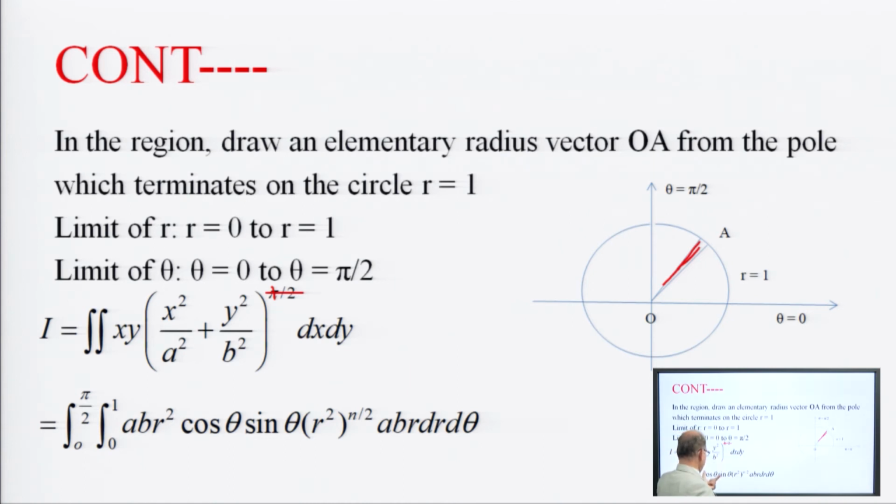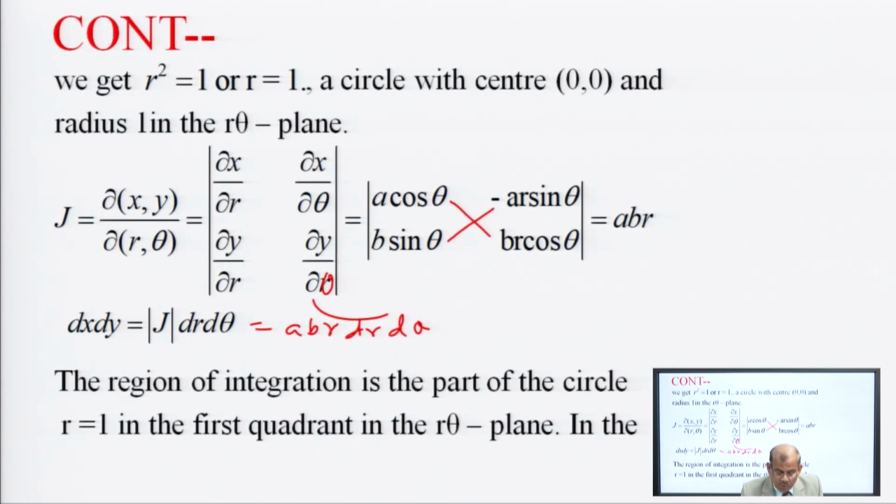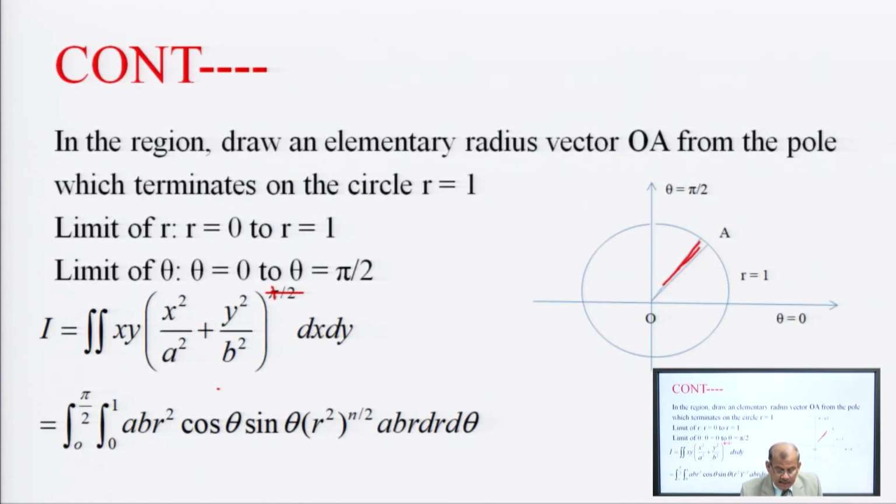After taking the limit we will put this: it is r square, raised to the power n by 2. We calculate ab r square cos theta sin theta, where the limit of theta is 0 to pi by 2 and the limit of r is 0 to 1, substituting x and y in x square by a square plus y square by b square.